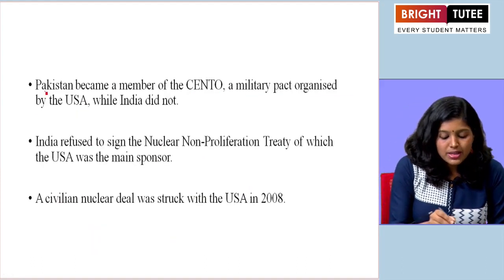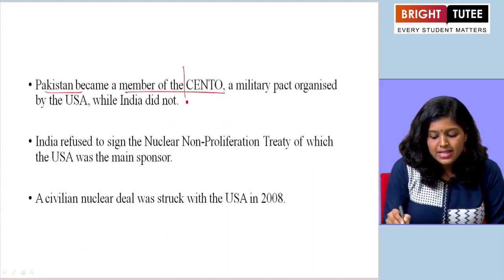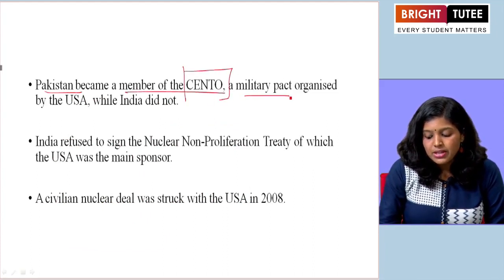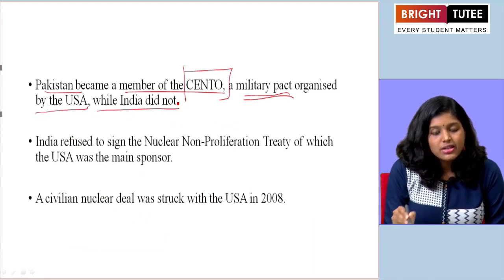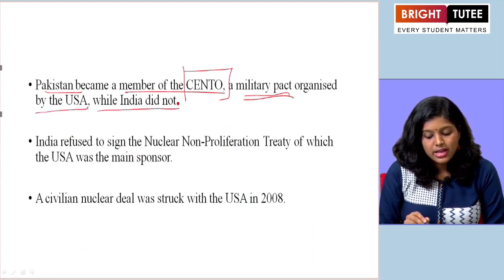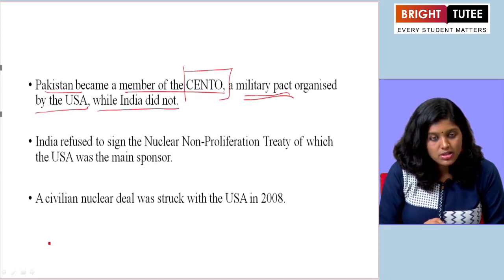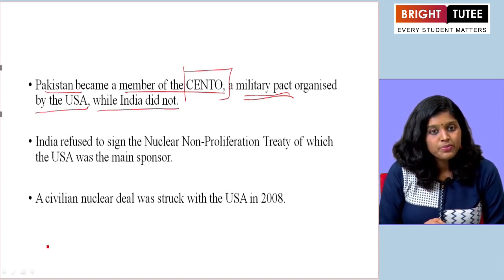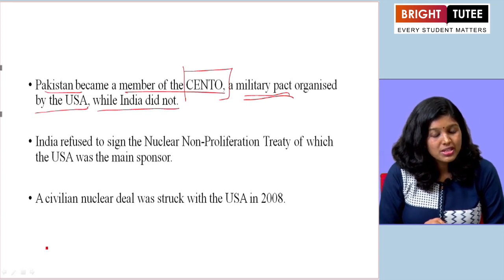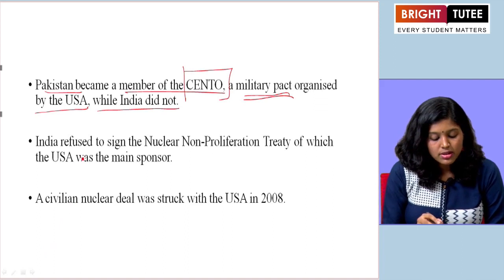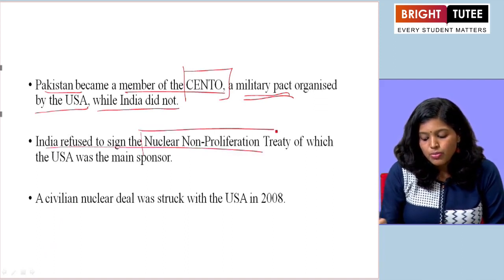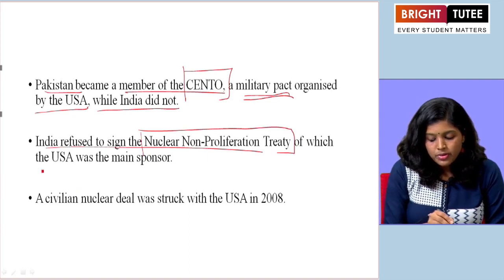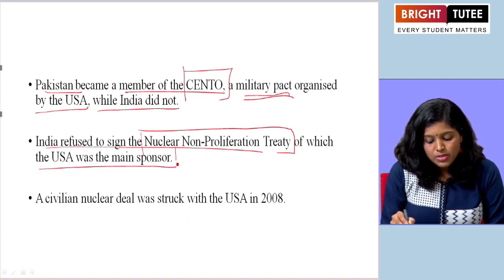Pakistan became a member of CENTO, which was a military pact organized by the USA, while India did not. Pakistan became a member of this pact, but India declined to be a member. And India refused to sign the Nuclear Non-Proliferation Treaty, of which the USA was the main sponsor.